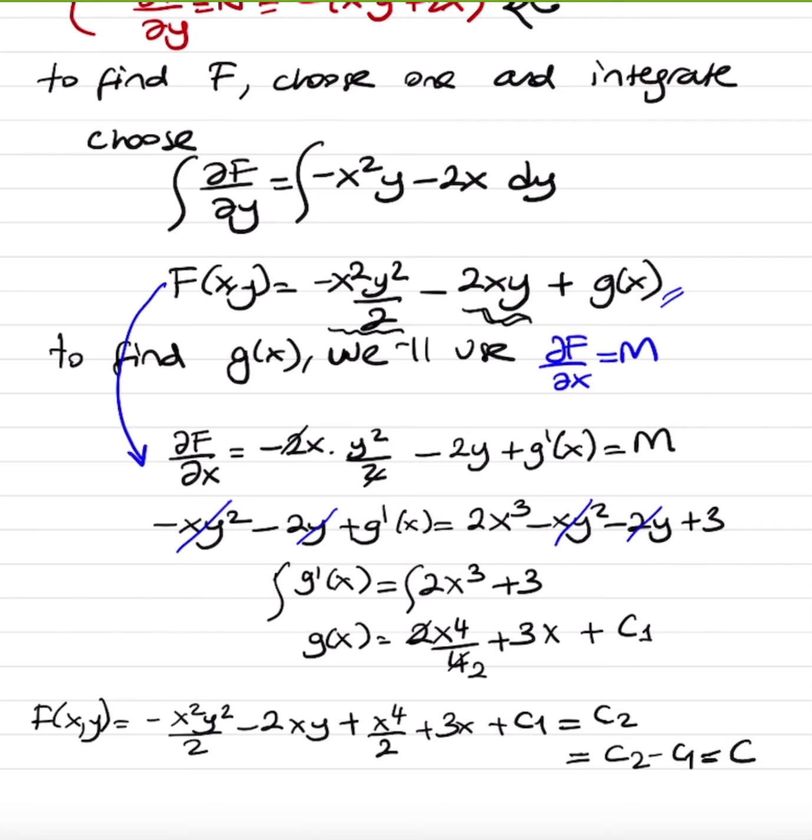So this is our solution: minus x squared y squared over 2 minus 2xy plus x to the 4 over 2 plus 3x equal to c is the solution of the given exact differential equation.